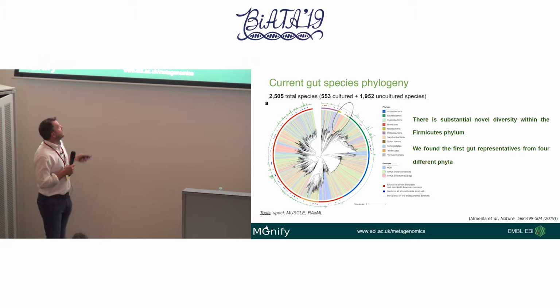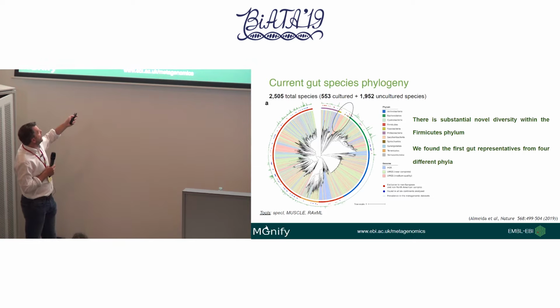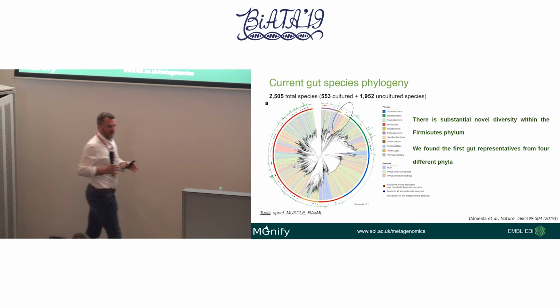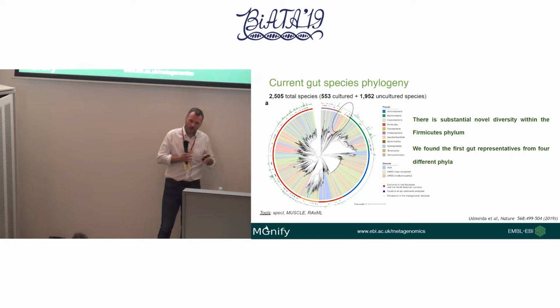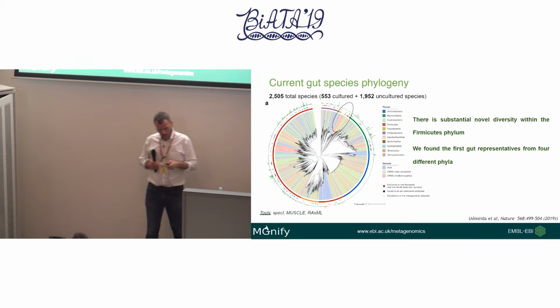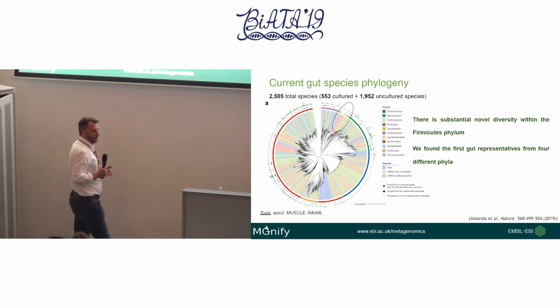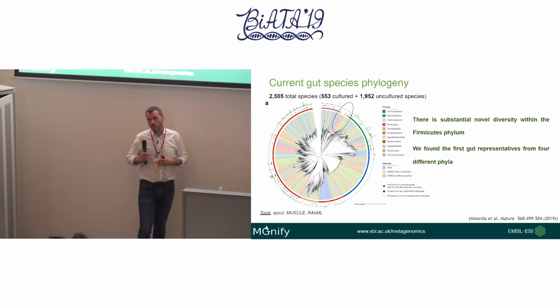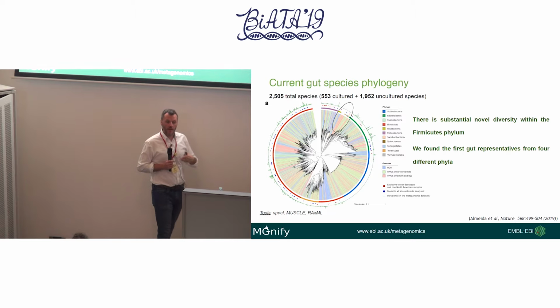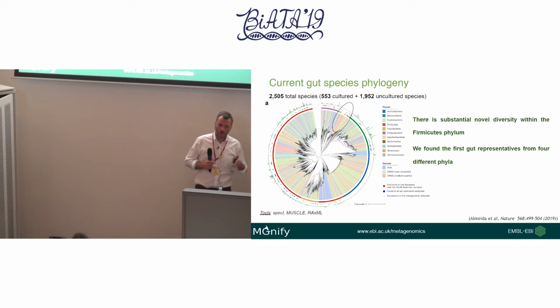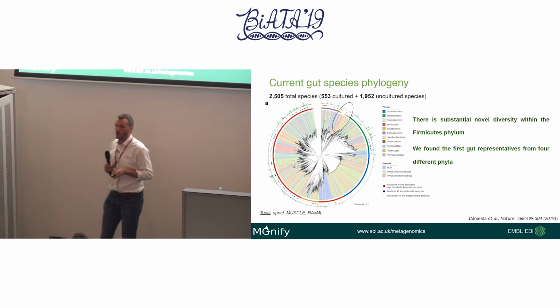We see this in the isolate world as well: it's very difficult to get a good species delineation of these genomes, and so you get this slightly strange part of the phylogenetic tree. We also had genomes for 4 phyla where we knew from 16S they were present, but we've never had an isolate genome from the human gut. So we've now got representative genomes for 4 novel phyla.